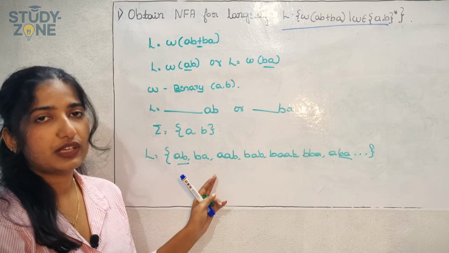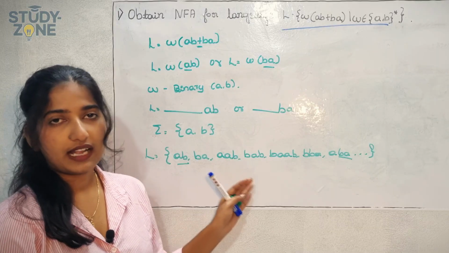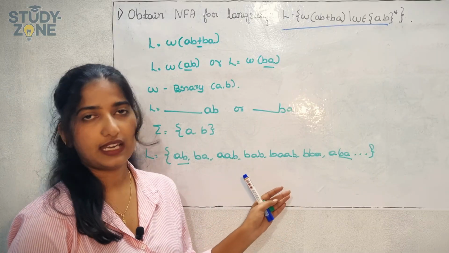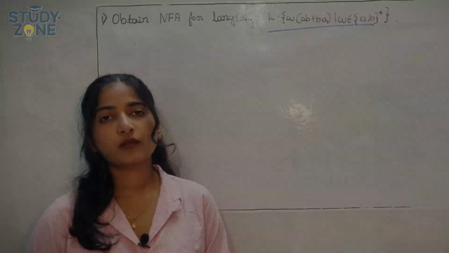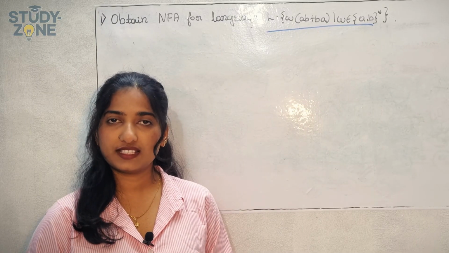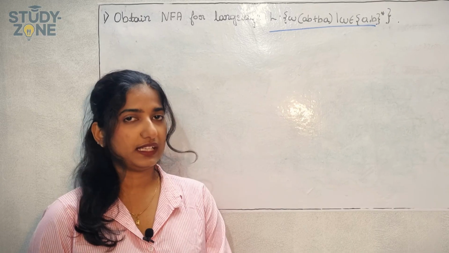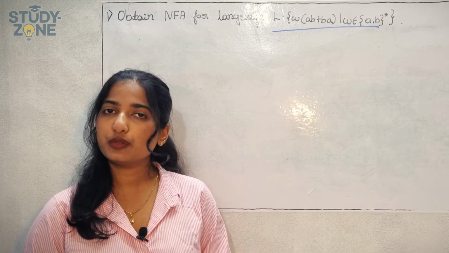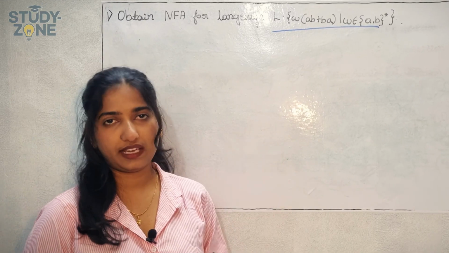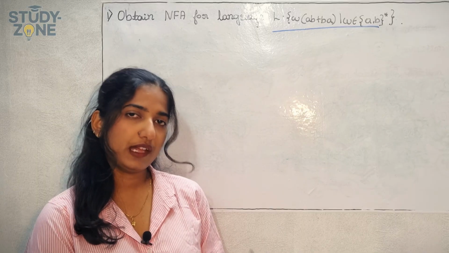So now what we have to write? We have to write the transition diagram. Before writing it, what we have to mainly care about are the last two characters, whether it is ab or ba.